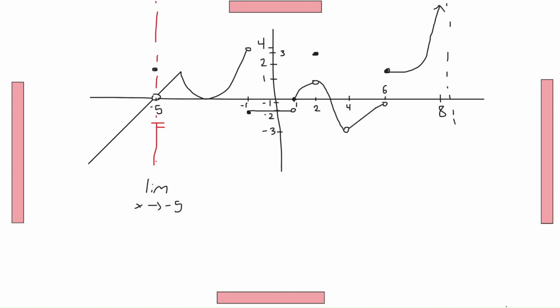Since it asks for a two-sided limit, which they infer if they don't have a plus or a minus here, they're asking just for the limit in general, which is both sides. So if we look for the left side first, what is the limit? Well, it looks like from the graph on the left side, it's going to a y value of 0.